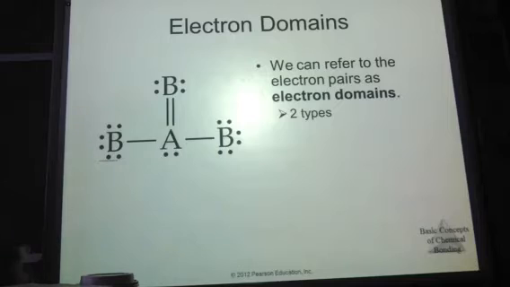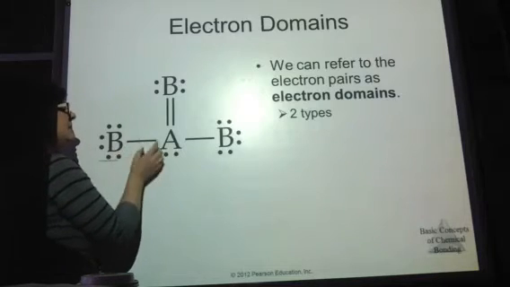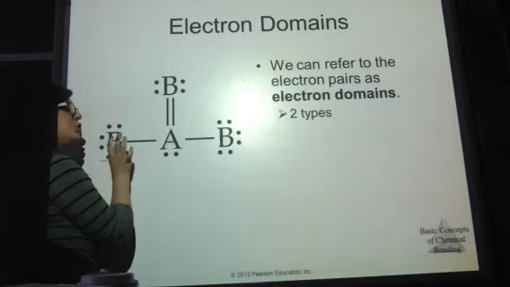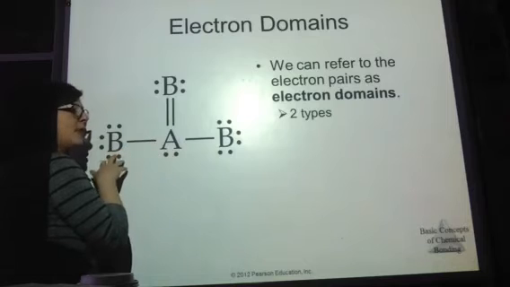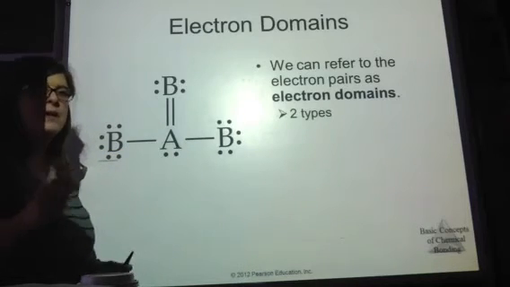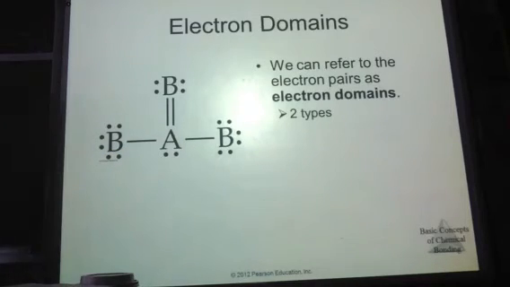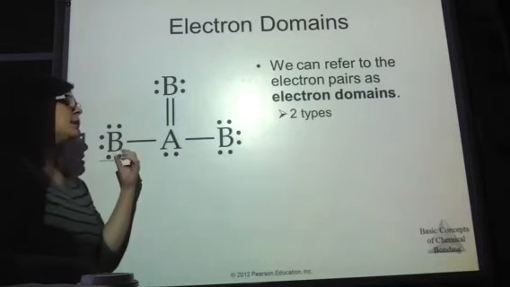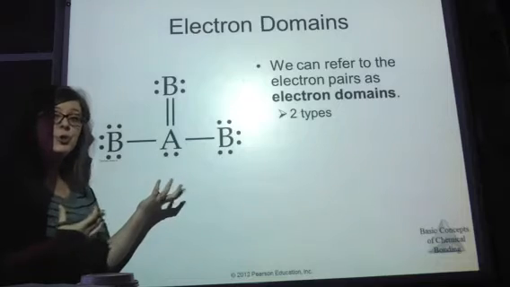What does that mean? We have two types of electron domains: bonding and non-bonding. Bonding would indicate that I'm seeing this bond, an actual link from the central atom to another atom. Non-bonding is where, thinking about just the central atom, it's not attached to another atom.